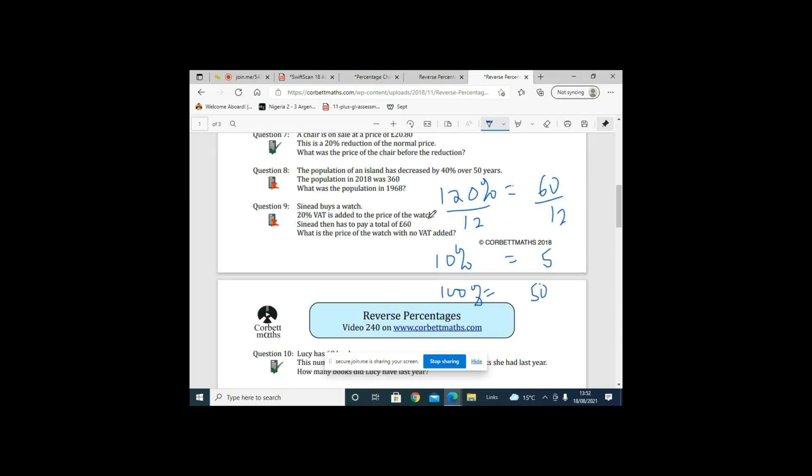So if you want to use the second method too, just change this 120% to decimal. It's going to be equal to 1.2. Now divide 60 by 1.2.